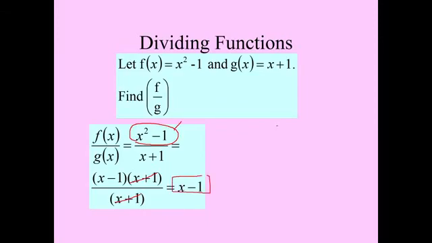Now what if, sir, I have 3x minus 5 over x minus 3? Is it factorable? No, it's not factorable. Therefore, this is already final. And there you go. Those are the 4 operations.